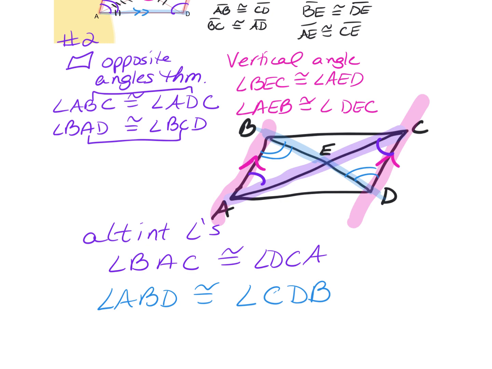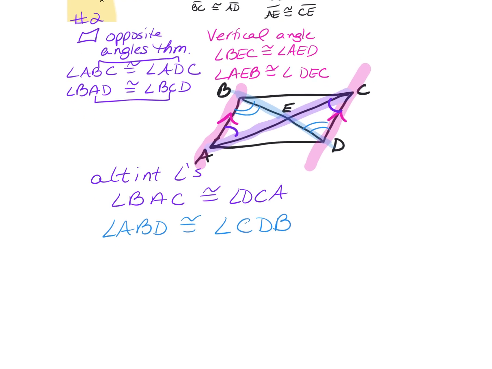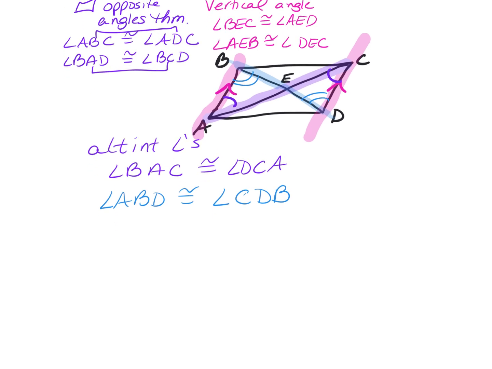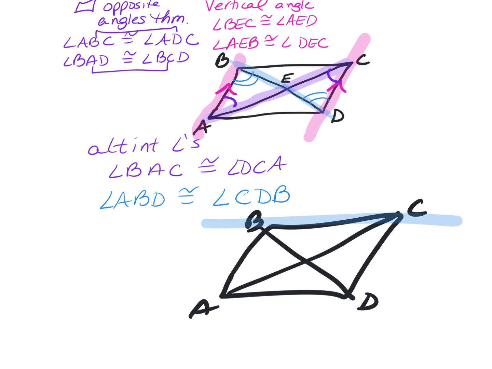Now I'm going to do the other parallels, and let me go ahead and redraw this, I guess. It'll be better. So B, A, C, D. Now we're going to use BC being parallel to AD.